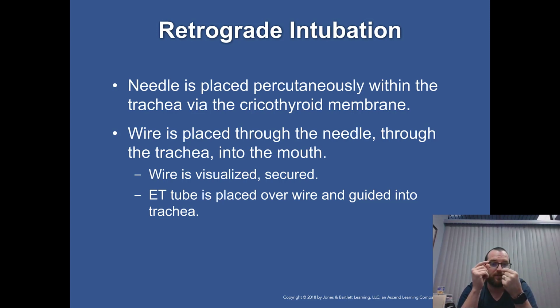And then what you could do is feed the ET tube over the wire, and because we put that needle and the wire through the cricothyroid membrane, we know as we feed that in, that wire is just going to guide that ET tube into the trachea to intubate that way.